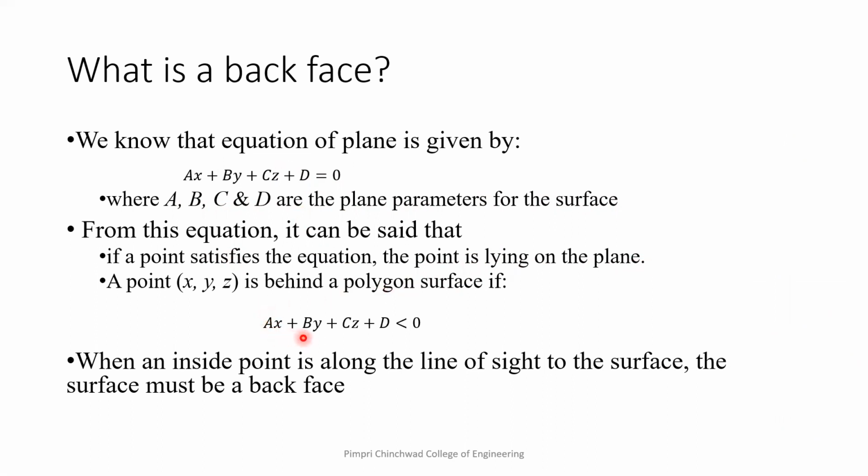If ax plus by plus cz plus d is less than 0 for a particular point xyz, then we can say that the point is behind the polygon. So when an inside point is along the line of sight to the surface, it must be a backface.